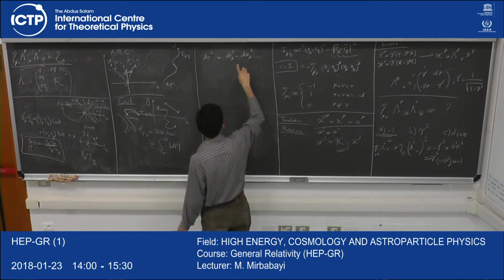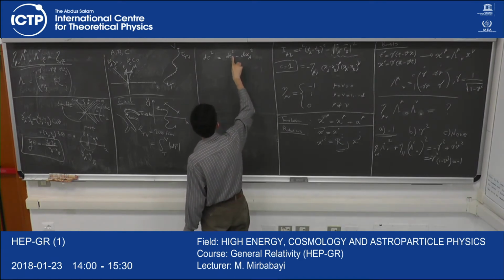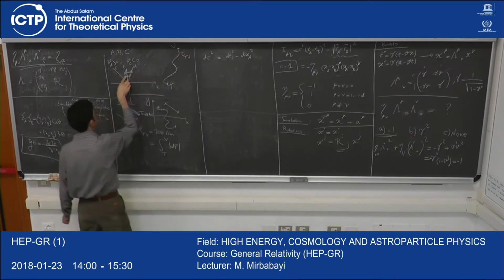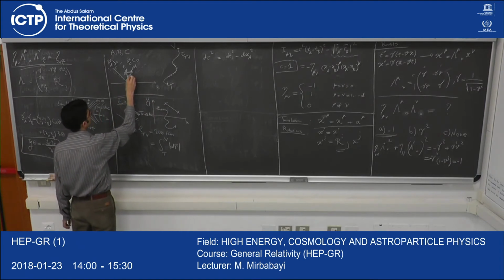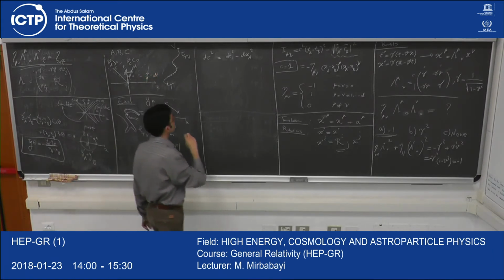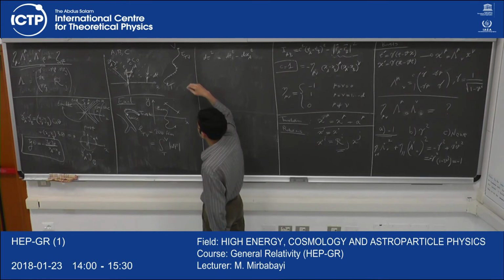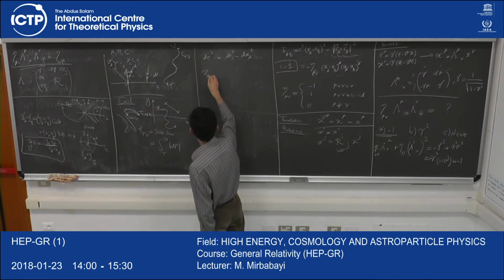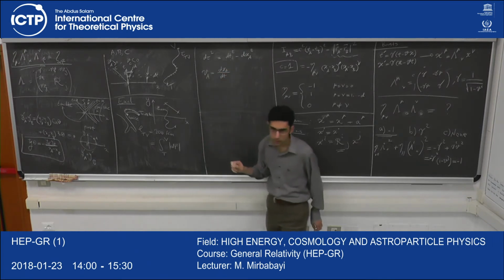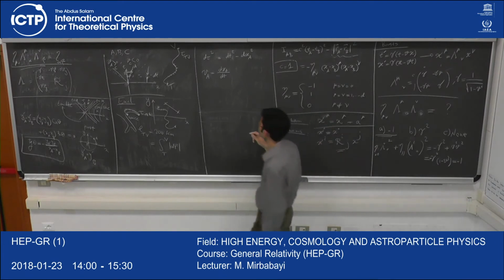So I don't need to put index a on t, so these are just 2 points here. So this is some small interval dt. But when we say that the velocity of Alice is VA, that means that dx_a over dt is equal to VA, and that is a constant.